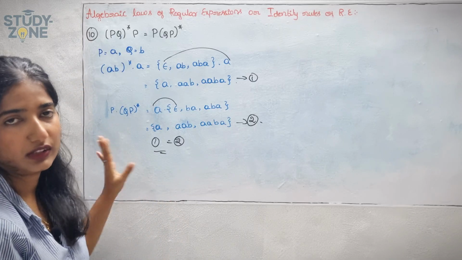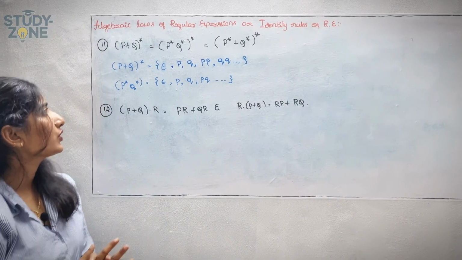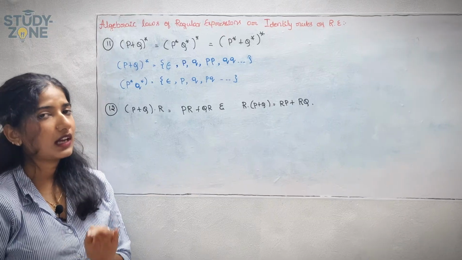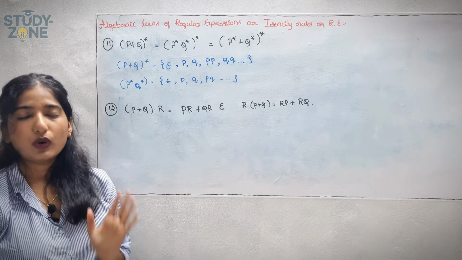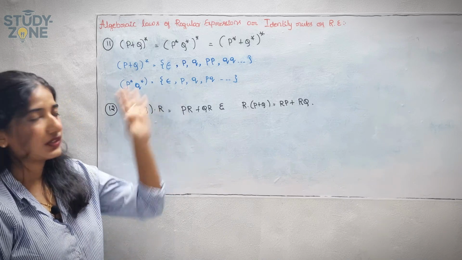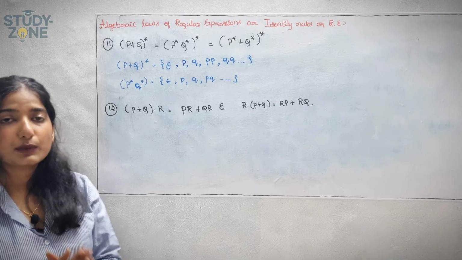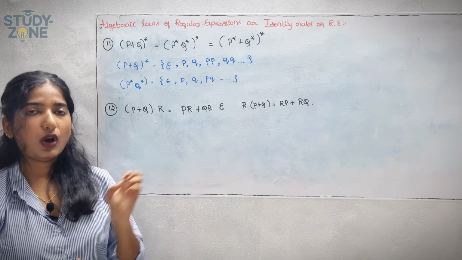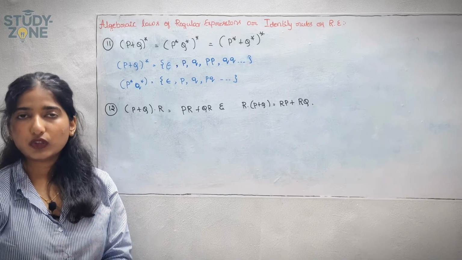Now let's see the 11th law. The last two laws: (P plus Q) whole star equals (P star Q star) whole star, which will be equal to (P star plus Q star) whole star. You have to remember this one a little bit. For understanding this, what is P plus Q? Either P or Q, and 0 or more occurrence of either P or Q, right?